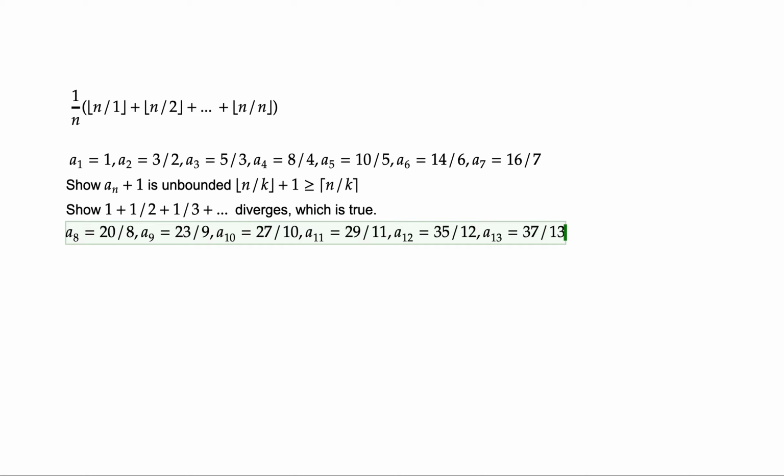So 37 over 13, looks like it decreased, yeah. So, looks like the idea for primes works.